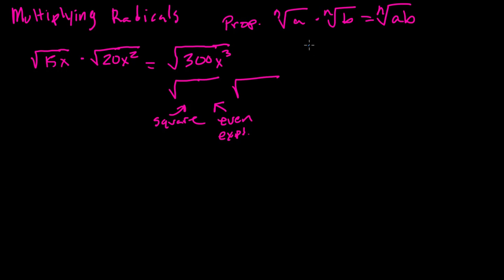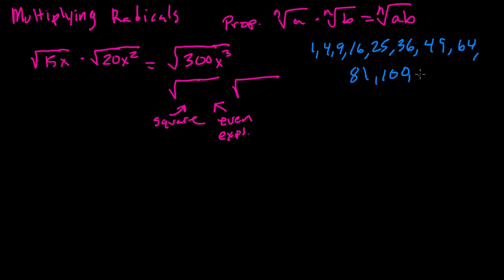Do we remember what our squares are? 1, 4, 9, 16, 25, 36, 49, 64, 81, 100, 121, 144, and the list keeps going. So which of those would be the biggest? Well, in this case, it's going to be 100.